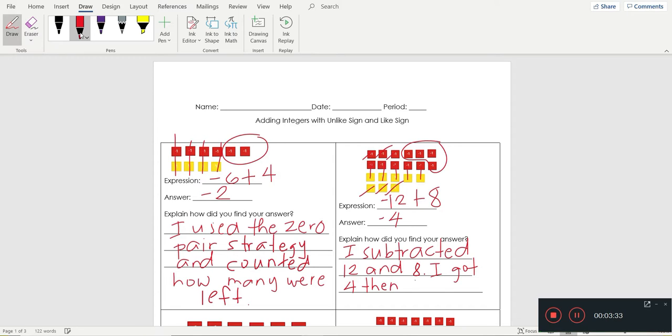Then I can say red is more. So it's negative. Okay, so that's how you explain it. As long as you understood what you're doing, I don't have a problem with that.